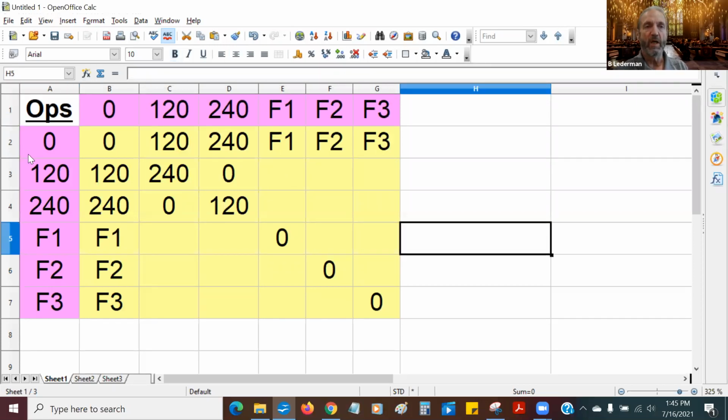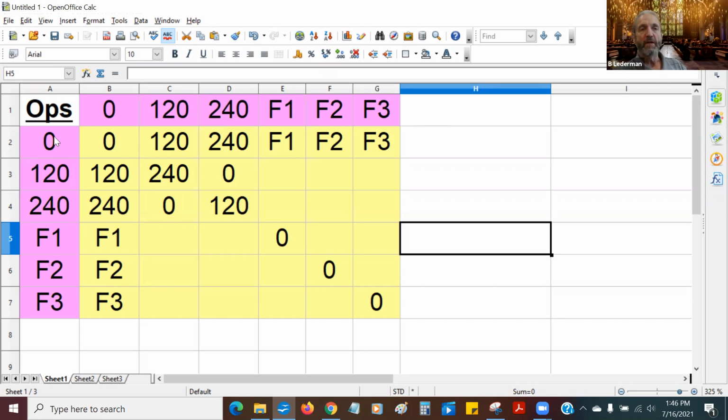My options are, as I said, 0, 120, 240. The way I'm setting this up, the left is the thing I do first, and the top is the thing I do second. It doesn't have to be that way. Just be clear.